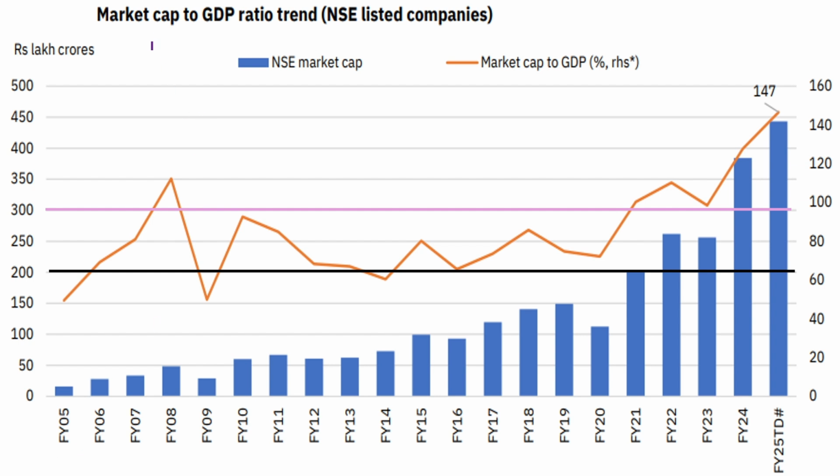So basically, what market cap to GDP is, in this context, they have taken the NSE listed companies against the GDP. From 2005 to financial year 24, this is the last 20 years of data, and over here there are these two lines, this pink and black, and this orange is the market cap to GDP ratio, the percentage.